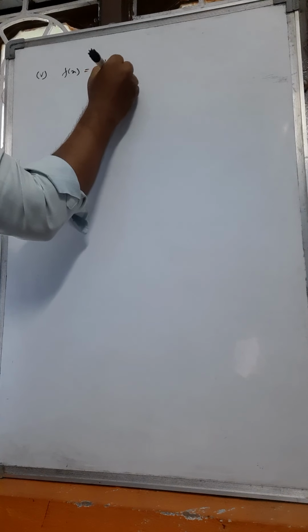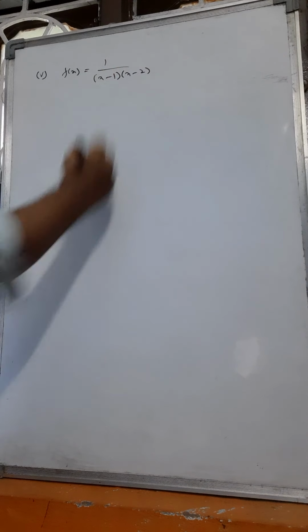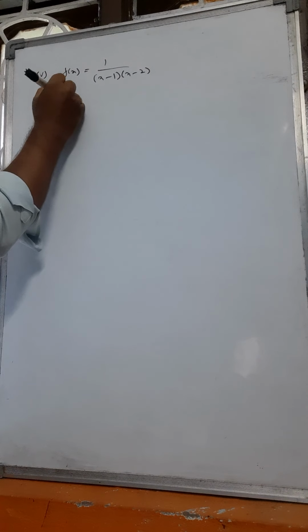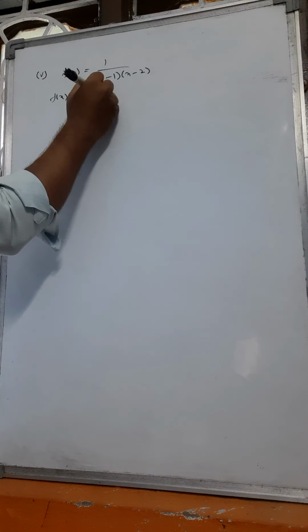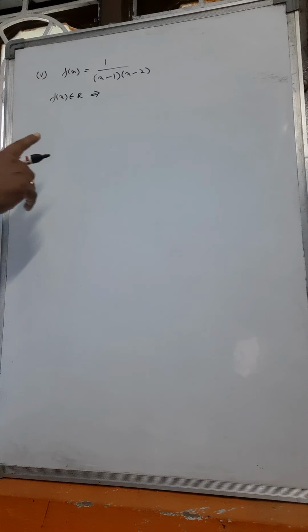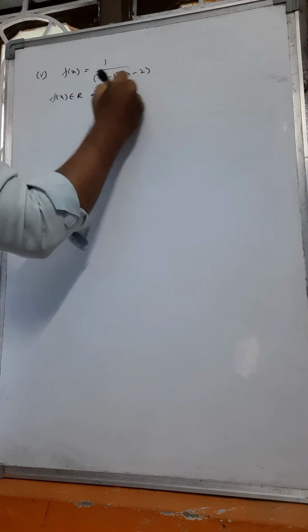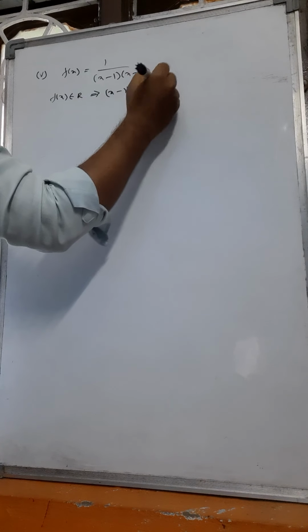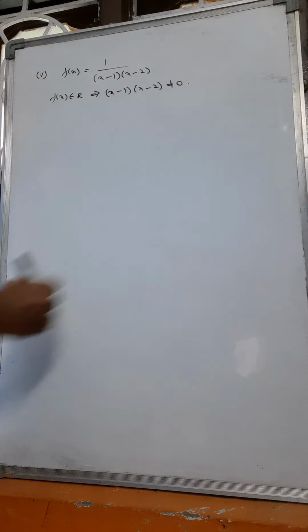Next example, the fifth one: f of x is equal to 1 by (x minus 1) into (x minus 2). Here also f of x belongs to capital R. For x belonging to capital R, the denominator should not be equal to 0. So (x minus 1) into (x minus 2) is not equal to 0.